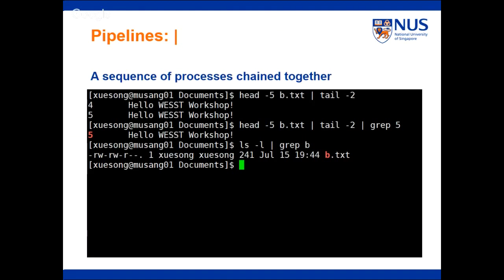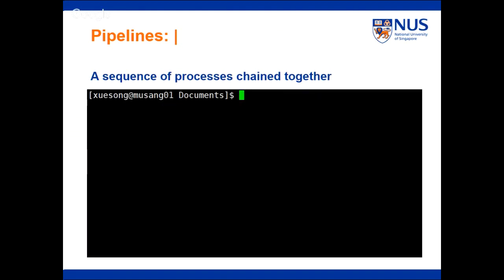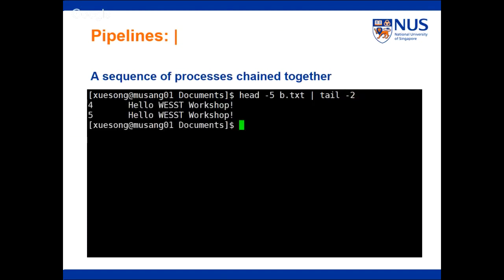This is pretty useful when there are many files in one folder and you just want to check whether a particular file exists or not. Right, so for the pipeline, you just use this vertical line to chain the commands.